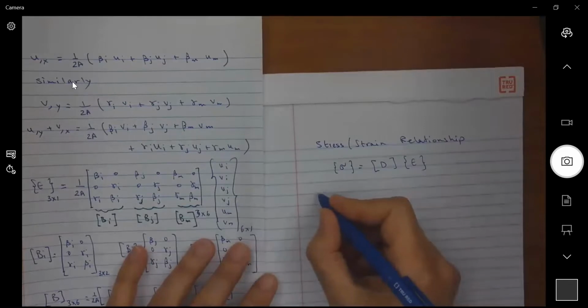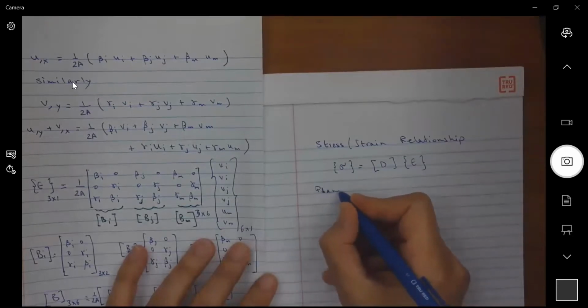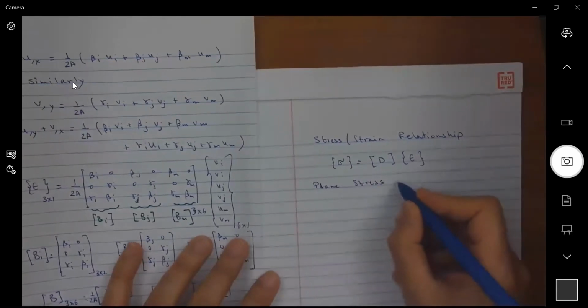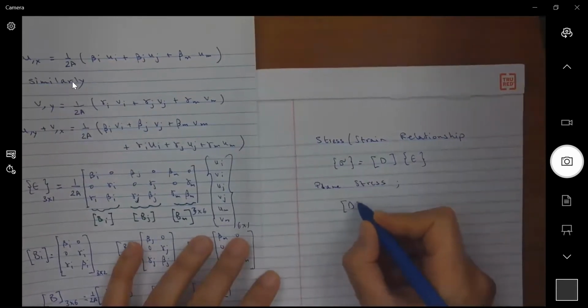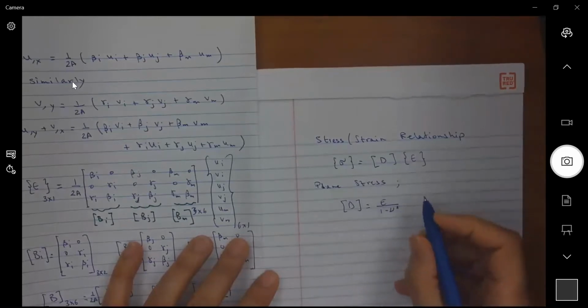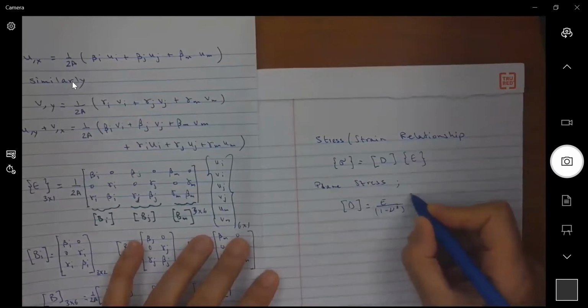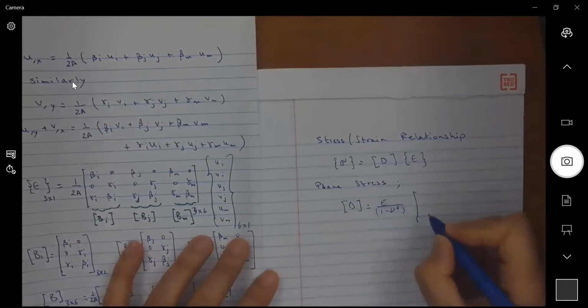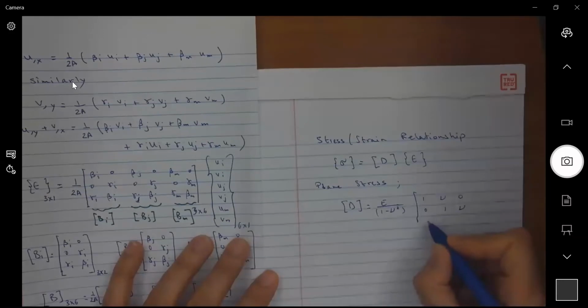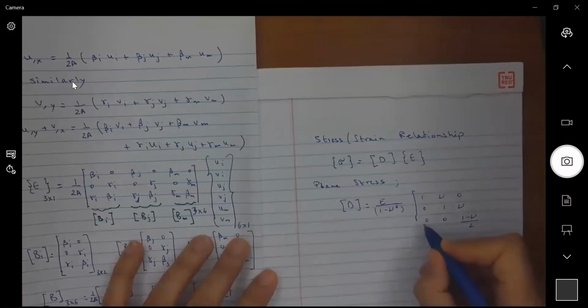So we had a D for plane stress, that was equal to E divided by 1 minus nu squared multiplied by 1, nu, 0, nu, 1, 0, and then 0, 0, 1 minus nu over 2.